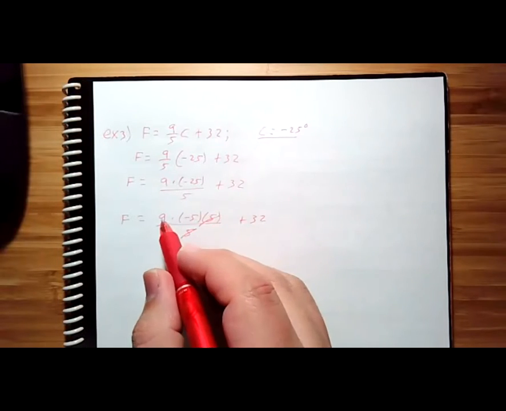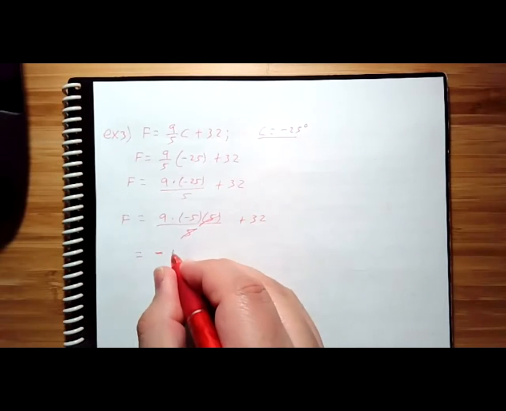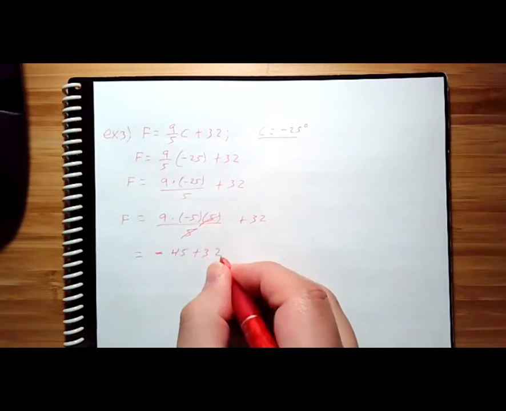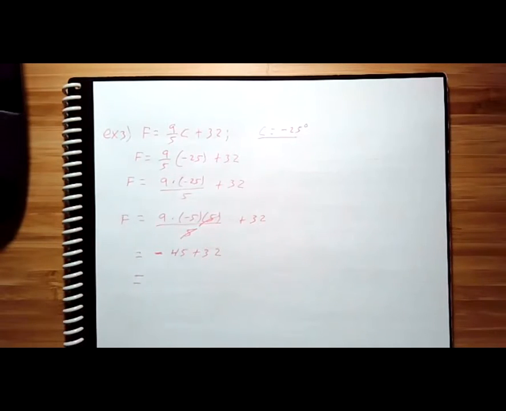Now I have left 9 times -5. So that is -45 plus 32. What is -45 plus 32? Want to be -3? -13. 13, yeah.